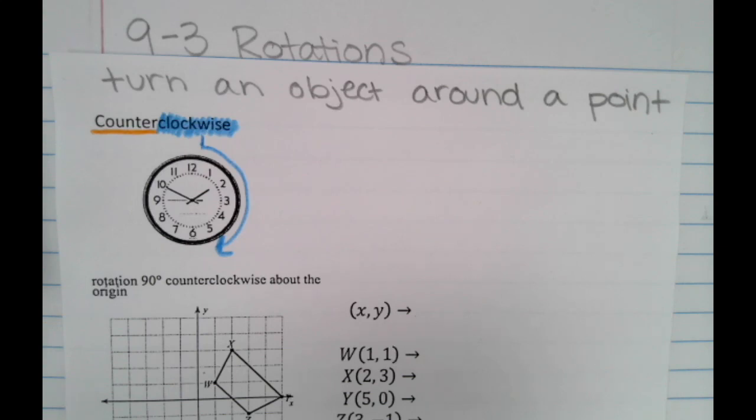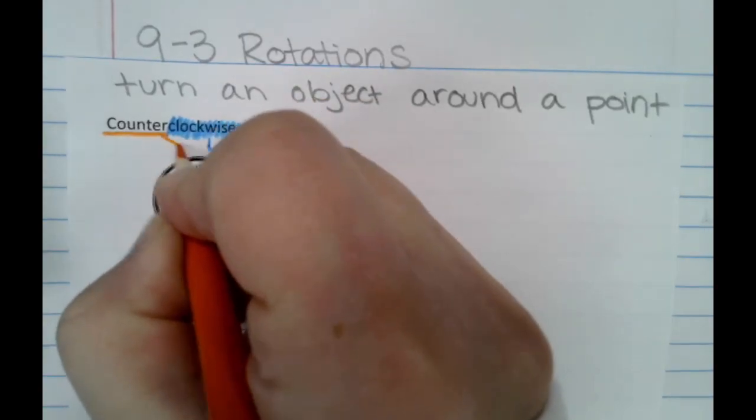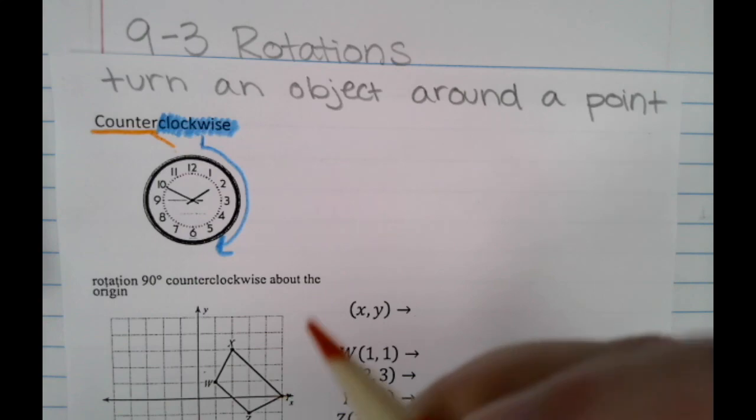So counter is kind of another word for anti. Mr. Kwan, is that how it's talked about in the Asian country, like anti-clockwise? Good. So some of you might have heard that as anti-clockwise, but anti-clockwise or counterclockwise means we're going to go in the other direction.